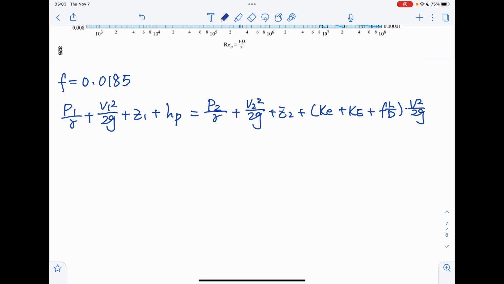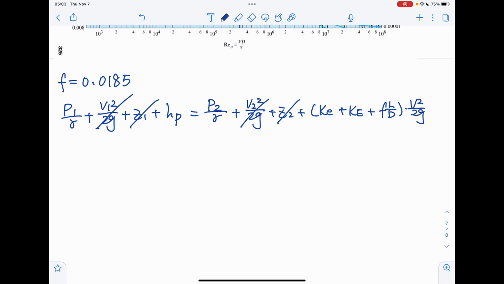If we do the simplification first, V1 and V2 at the water surface are 0, and z1 and z2 should also be 0.